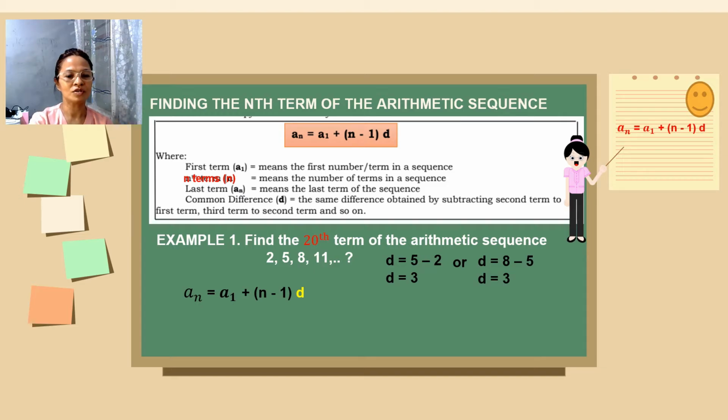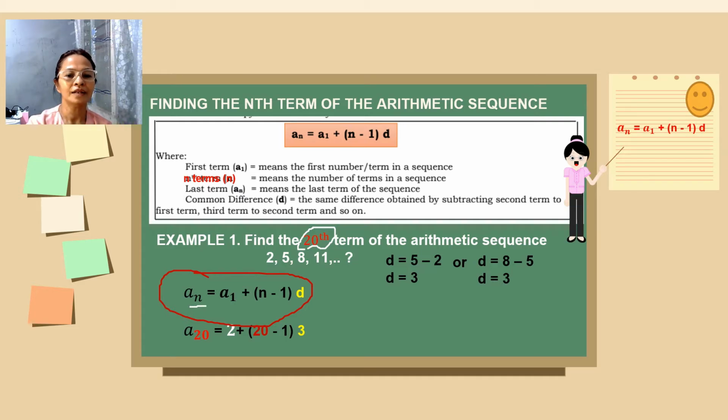And then we will use the formula a sub n equals a sub 1 plus the quantity of n minus 1 times the common difference. Substitute 20 as our n.